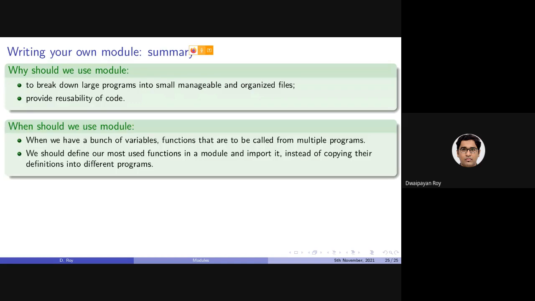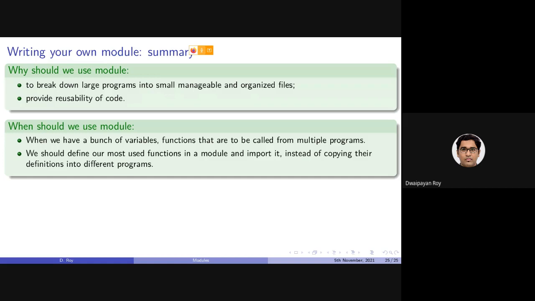In case we have a large number of functions and variables that we want to use from multiple different programs. In that case, instead of copying the same code from one program to the other, we can keep it inside a single code.